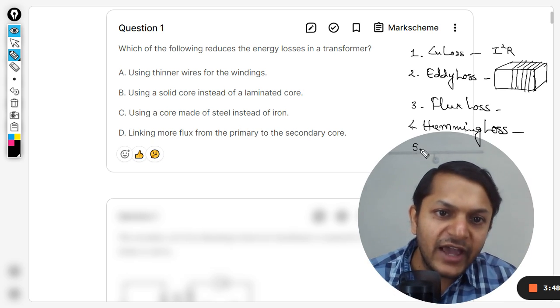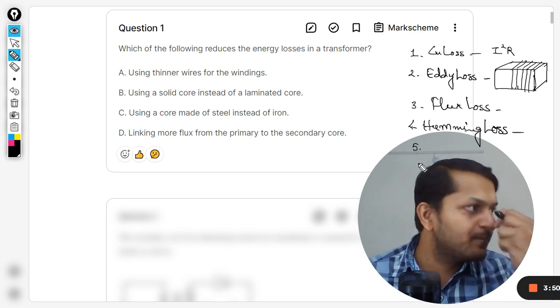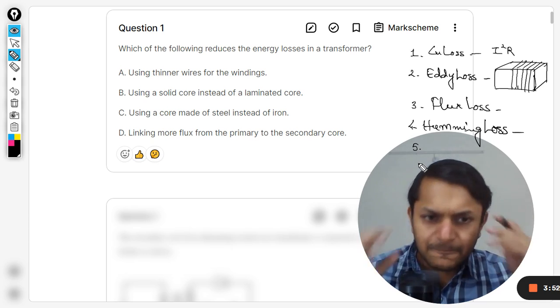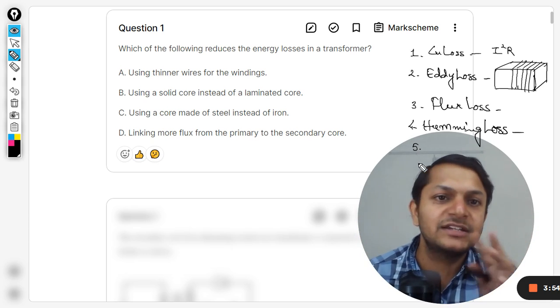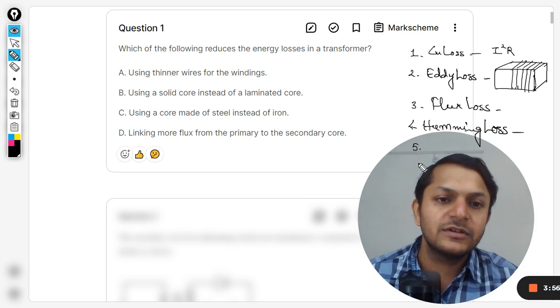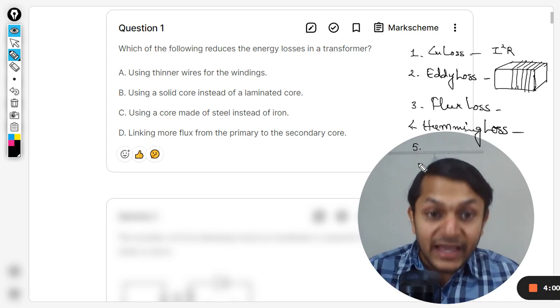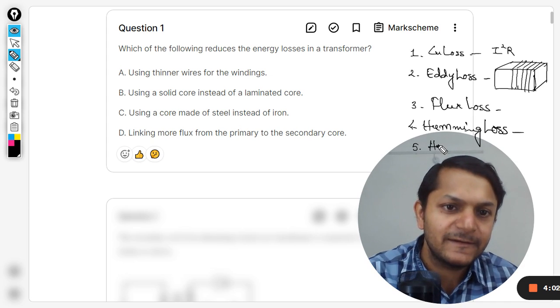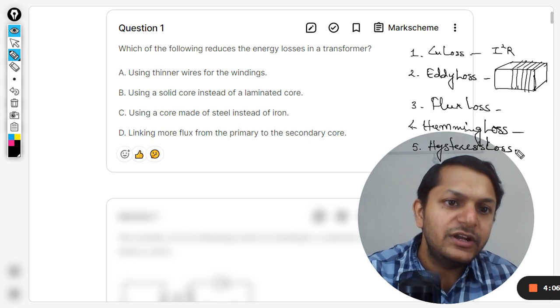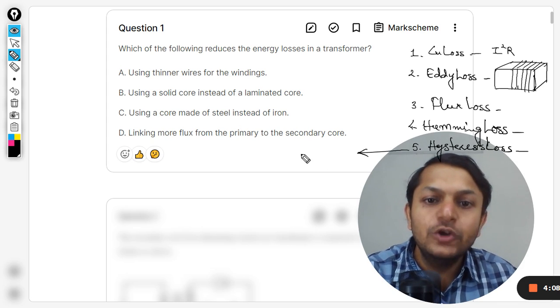Now point number five, what was that loss? Just a moment. Copper loss, eddy loss, flux loss, humming loss, and hysteresis loss. So there is something known as a hysteresis loop.